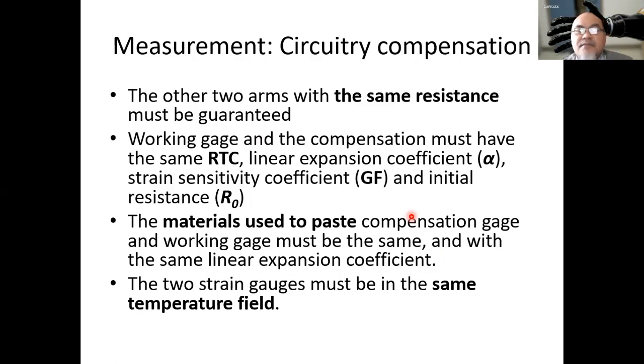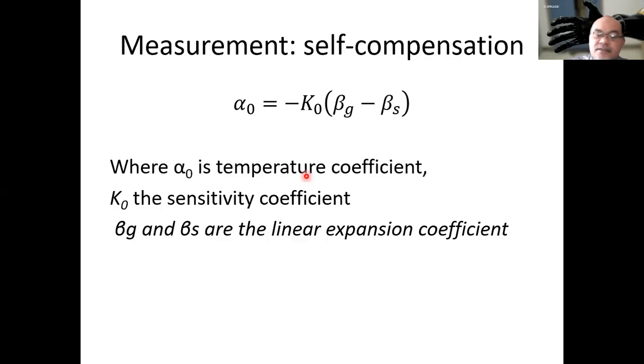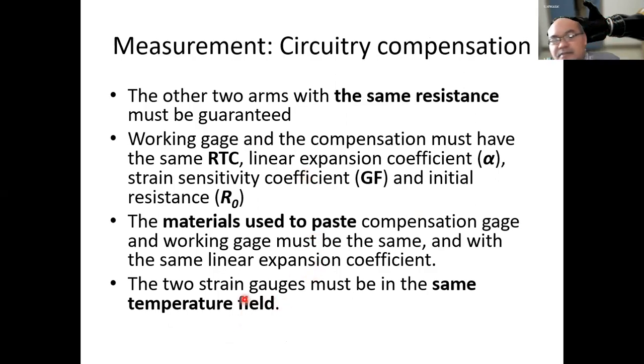The two strain gauges must be in the same temperature field, so that if the resistance here changes due to temperature, the resistor in the opposite arm will also change due to temperature, and the two changes will cancel each other. That is why they need to be put in the same temperature field.